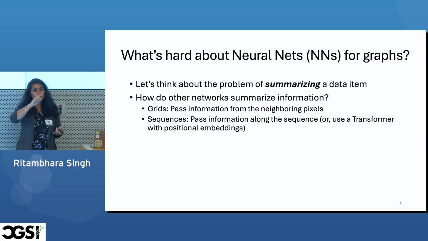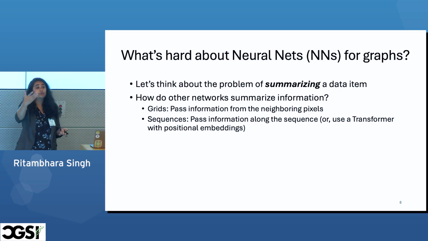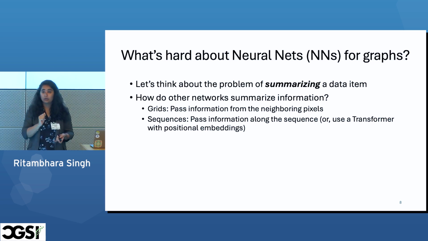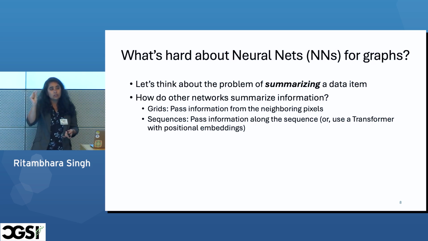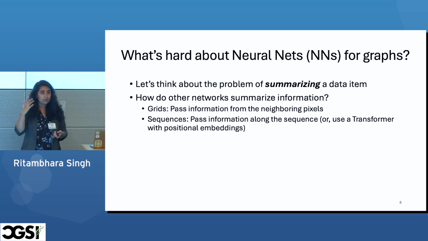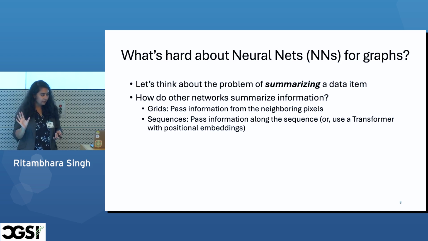In sequences, you pass the information along the sequence. Even in transformers, the role of the positional encodings that you apply to your input is to let the transformer know that there is a sequential dependency between the words, because without that, you will miss out on that structural information. So that's how the existing networks summarize information.